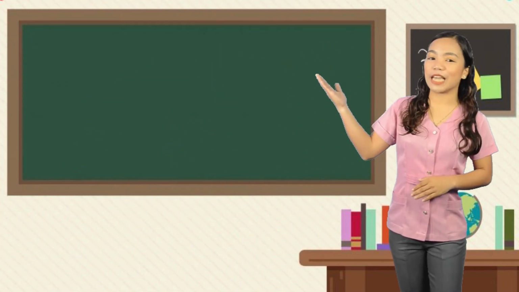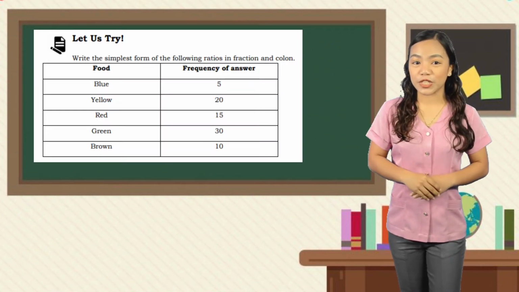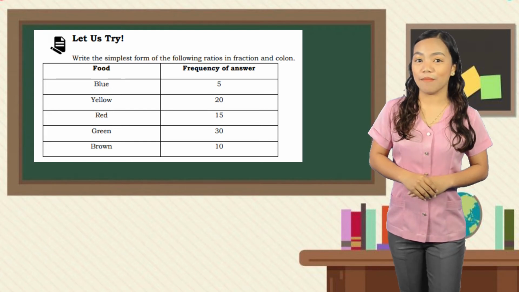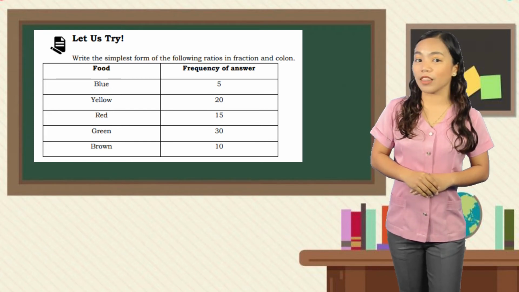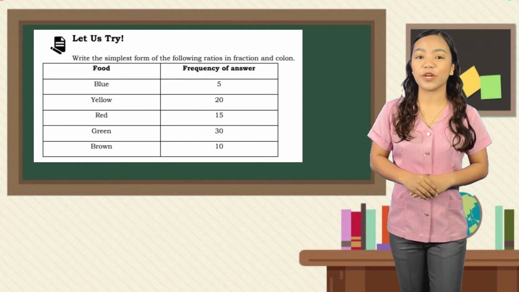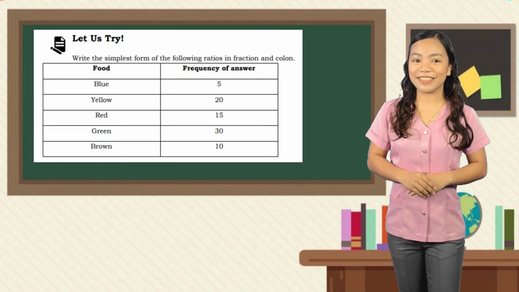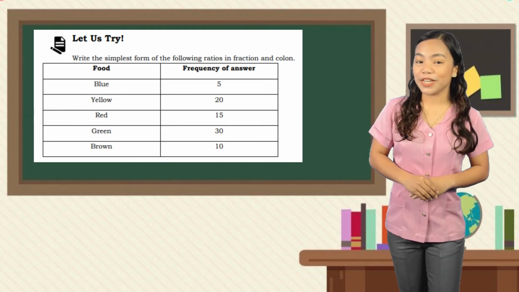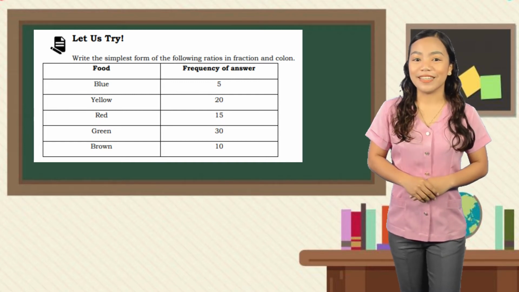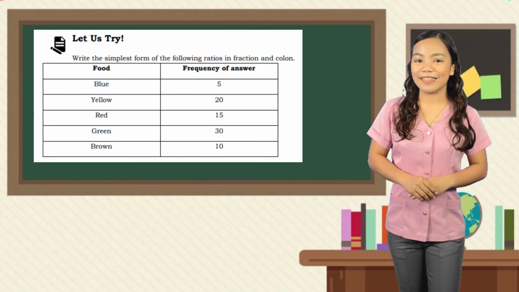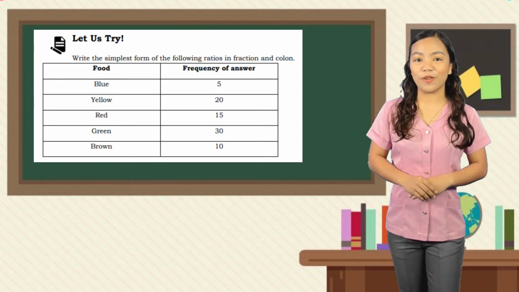On this given table, where the first column stated the name of the food and the column beside it stated the frequency of answer, for blue, it's 5, yellow, 20, red, 15, green, 30, and brown, 10.